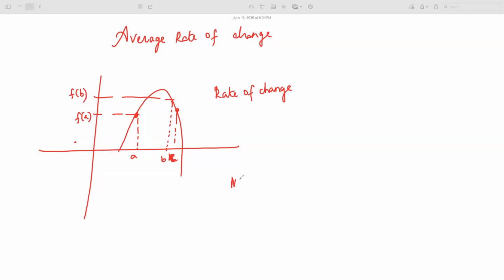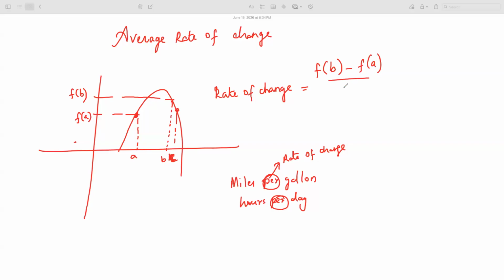We have always talked about miles per gallon, hours per day. When you see the word per, that means there is a rate of change, or a slope, involved. So here the rate of change will be equal to f of B minus f of A divided by B minus A.